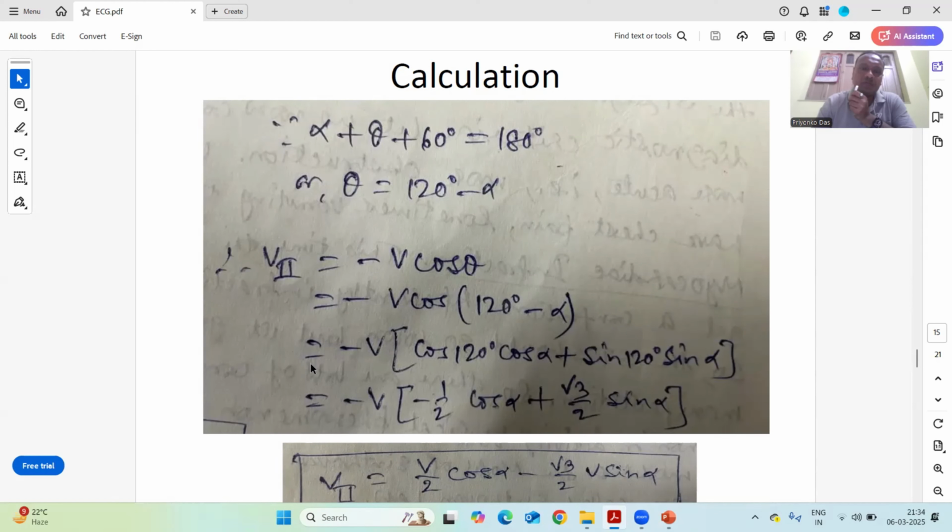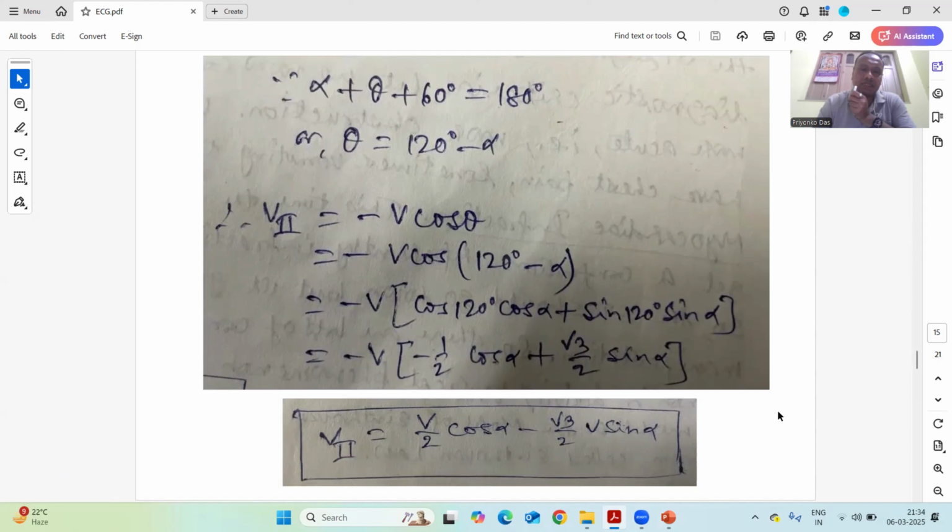Okay, so now if we expand this, I'll get V cos 120 degree cos alpha plus sine 120 degree sine alpha. Putting the values of cos 120 and sine 120, I get minus half and plus root 3 by 2. So after all, I get the value of V2 is equal to minus of V into minus of 1 by 2 cos alpha plus root 3 by 2 sine alpha.